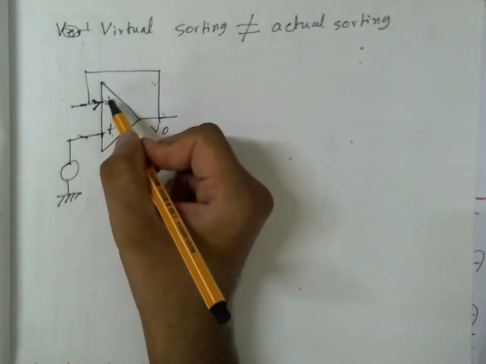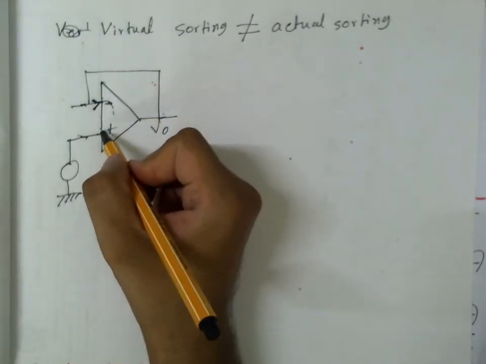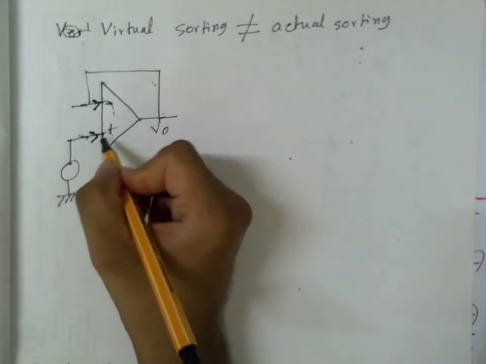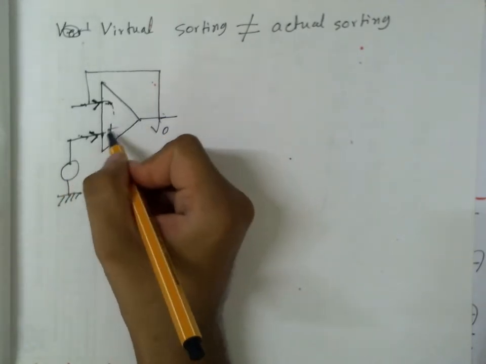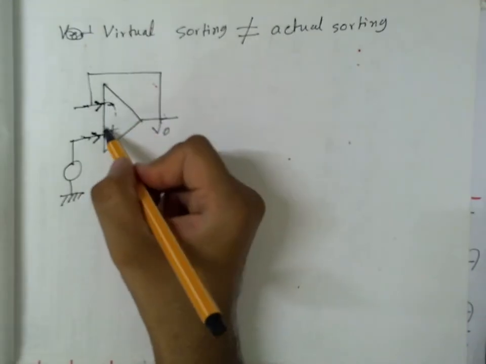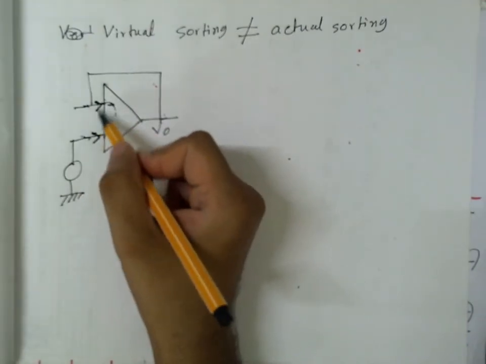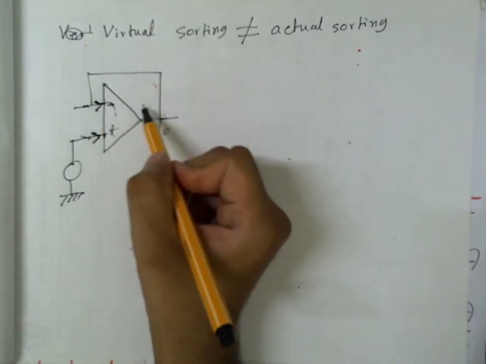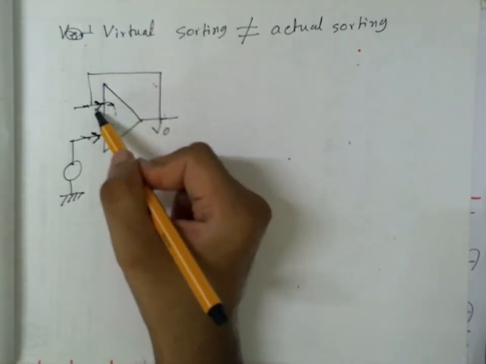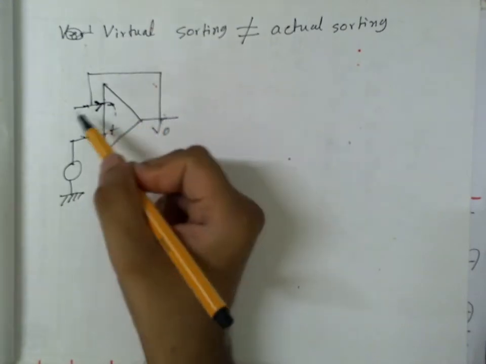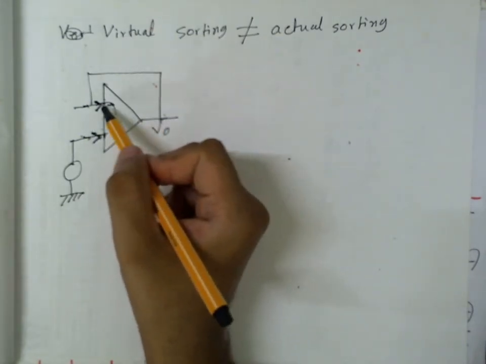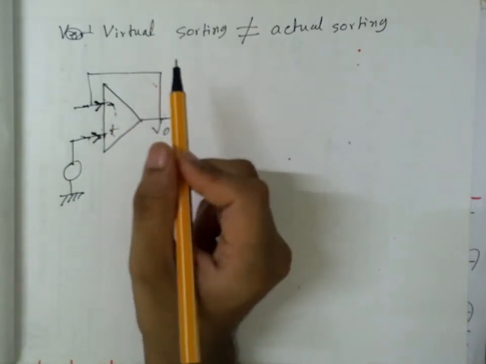We said the internal impedance of an op-amp is infinite. Similarly, no current goes from here to here, right? So there is no direct connection. This virtual shorting only means that this potential will always be adjusted by the op-amp to make it equal to this potential, but there is no direct connection, so to say.